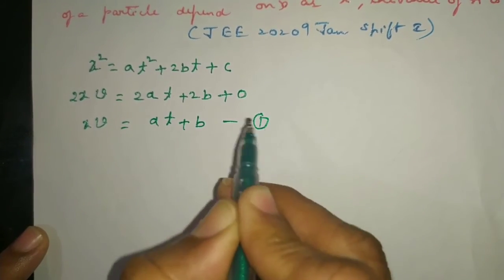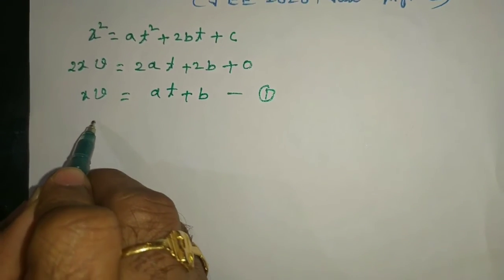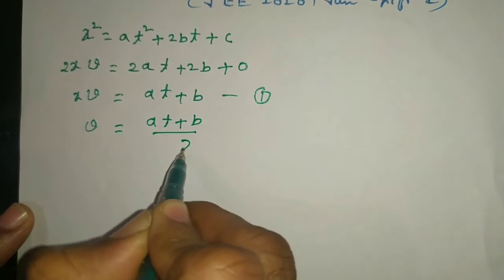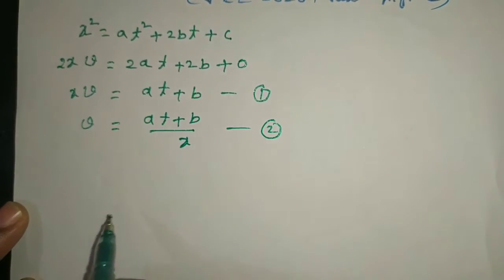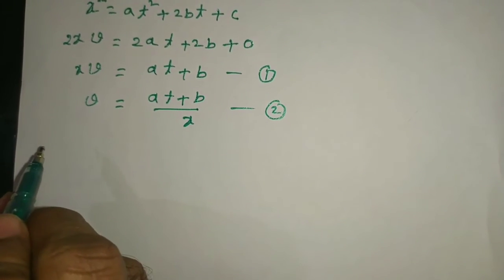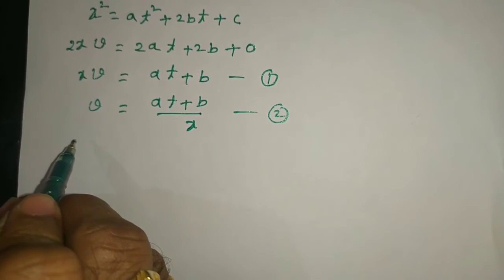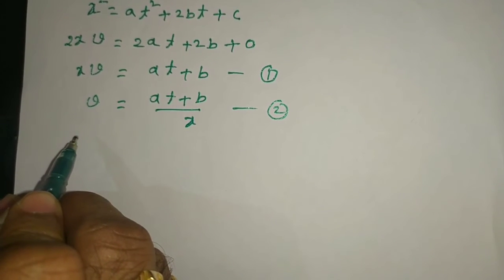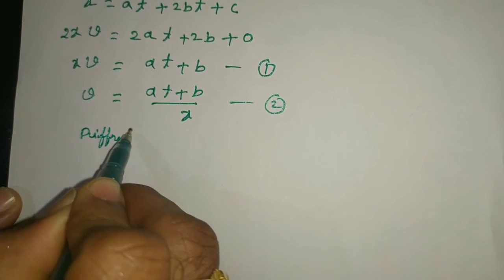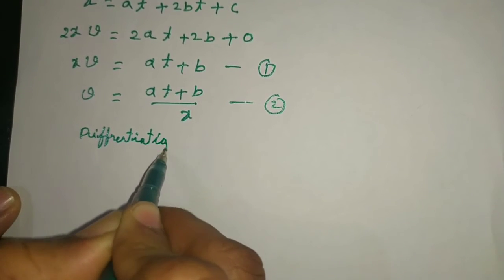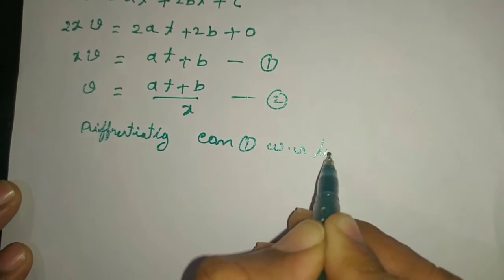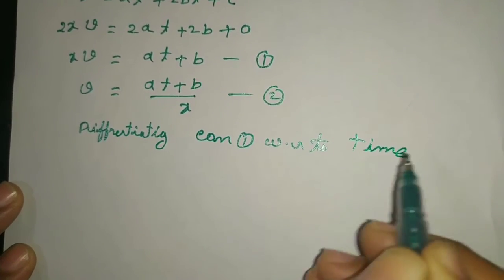Let it be equation 1. From this, v is equal to a t plus b divided by x. Let it be equation 2. Now differentiating equation 1 with respect to time once again to find acceleration.